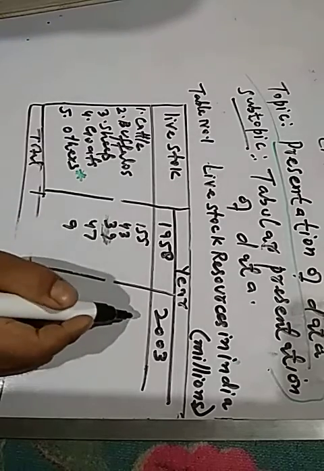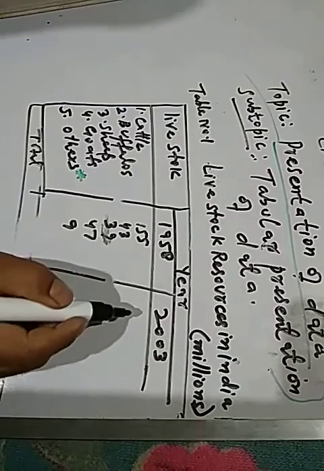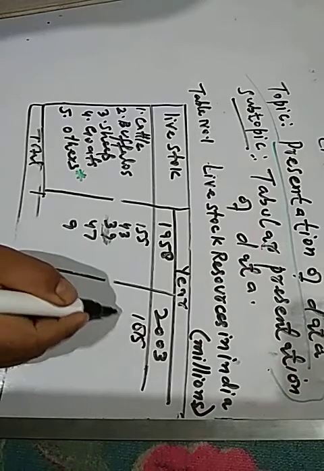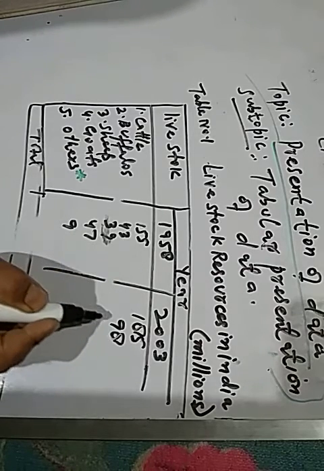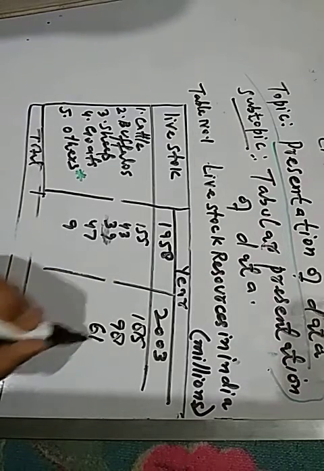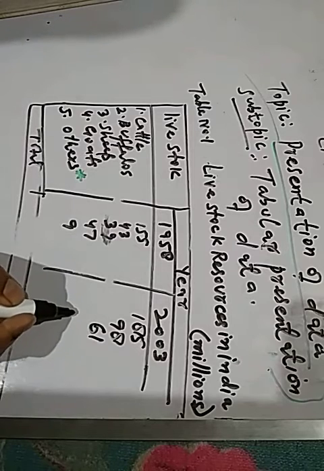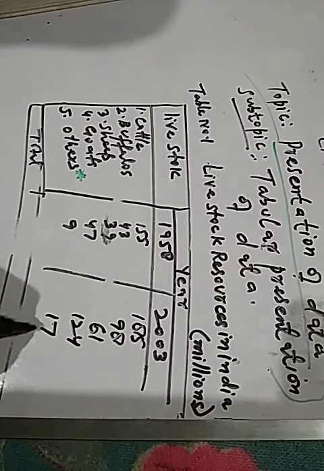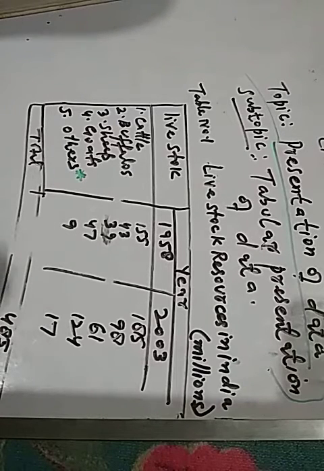In 2003, the number of cattle in millions was 185, buffaloes were 98 million, sheep 61 million, goats 124 million, and in others 70 million, and the total was 485 million. Here it was 293 million.